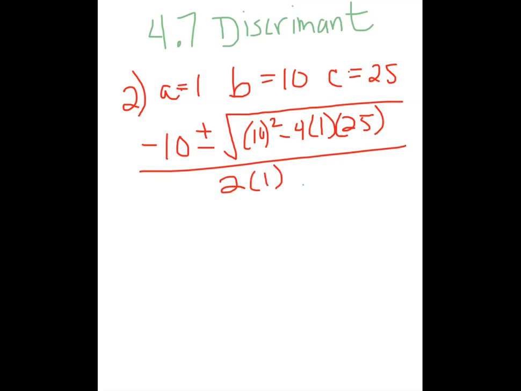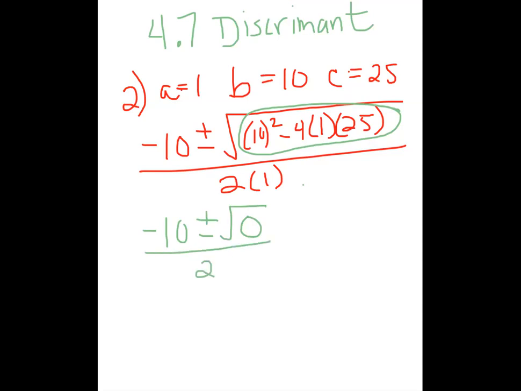Okay, so there's all the components. You would type all this inside stuff in first. So grab a calculator and just figure out what's 10 squared minus 4 times 1 times 25. And guys, this time you should get 0.